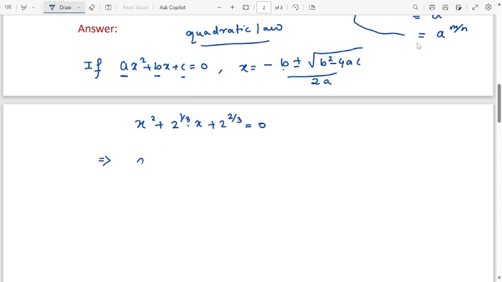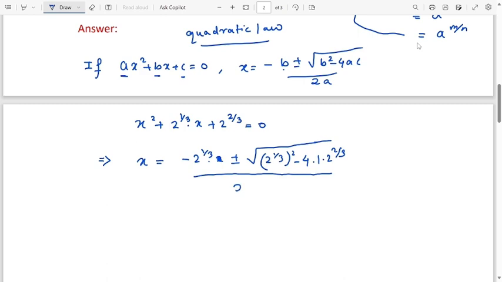By using the quadratic law, what are we getting? x = (−b ± √(b² − 4ac)) / 2a, where b² is (2^(1/3))², a is 1, and c is 2^(2/3). So x = (−2^(1/3) ± √((2^(1/3))² − 4·2^(2/3))) / (2·1).